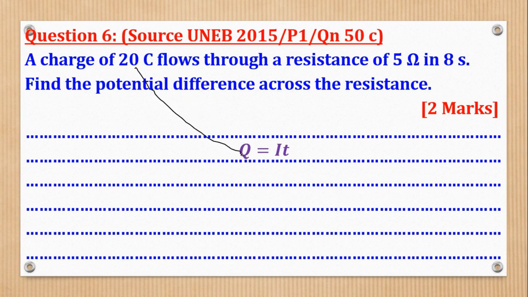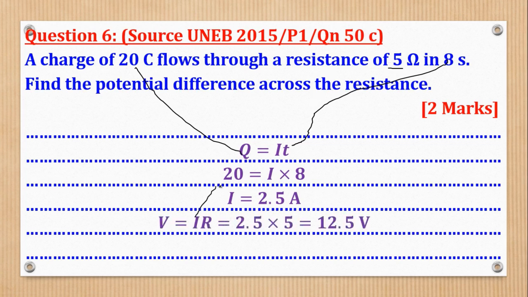We know Q and we know T. That means that we can get the value of I and make I the subject to be 2.5. So now that we know I and we know R, we can get V. V is equal to IR. Substitute for I, substitute for R. Use a calculator to come up with the voltage they want.